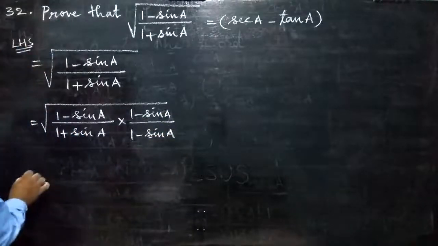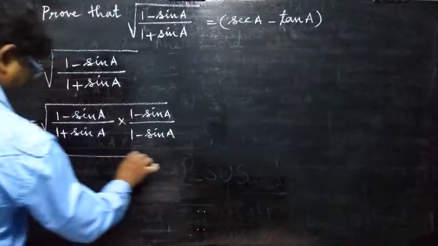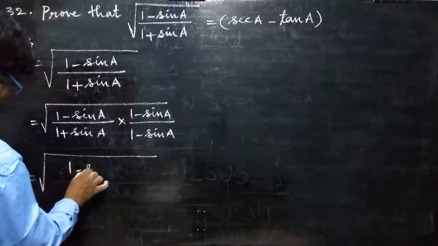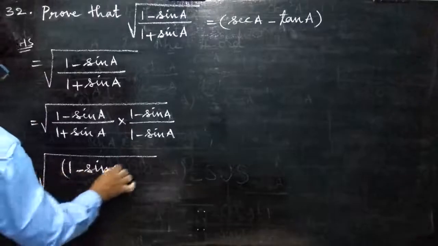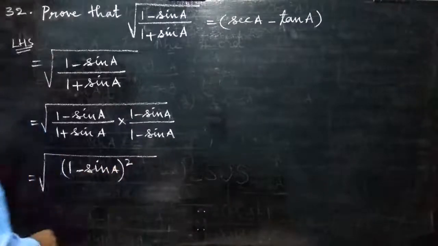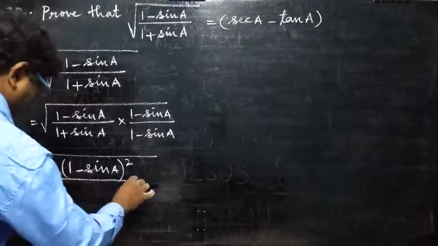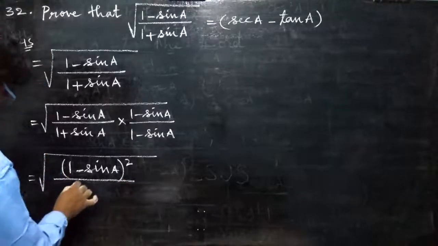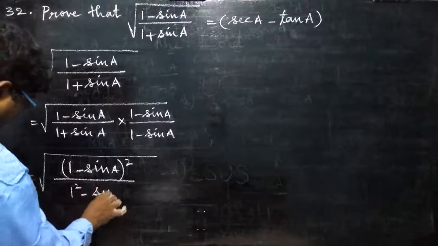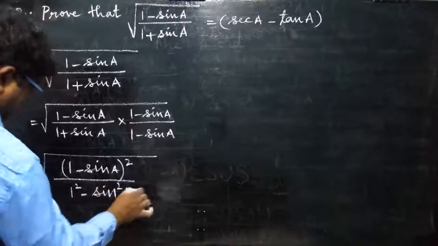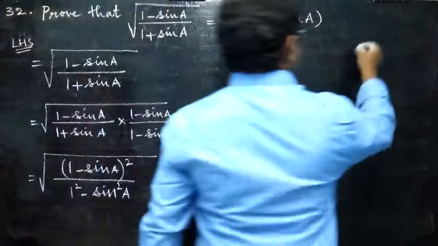Now the numerator became 1 minus sin A whole square. A minus B into A minus B, A minus B whole square. And the denominator, A plus B into A minus B, A square minus B square: 1 square minus sin square A. Write that formula, what we are using.